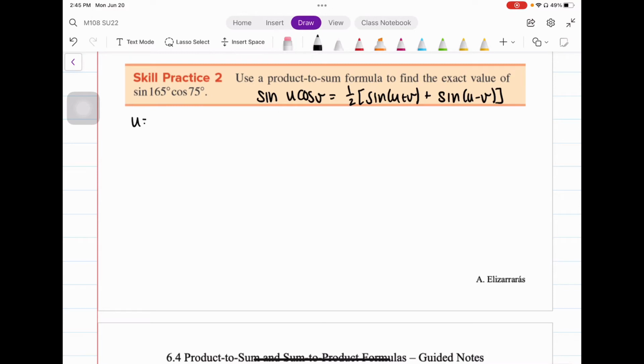In this case, u is 165 degrees and v is 75 degrees.